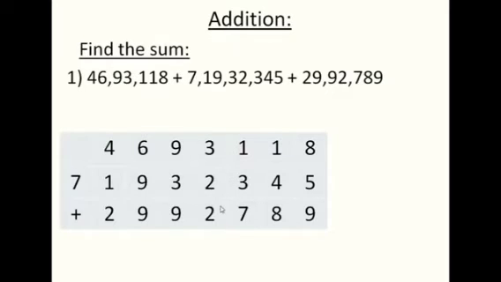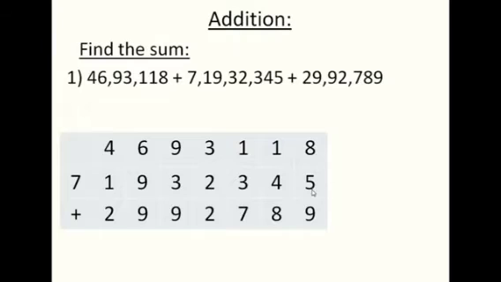While doing addition, it will be easier to find out. So start addition: 8 plus 5 plus 9. Do the addition and write it down. The carryover part you will write on the top. You know all this process. Please follow it.